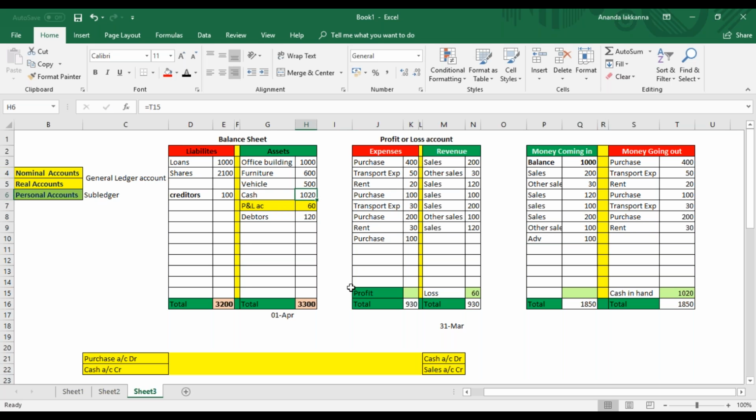Imagine this entry has happened on 31st of March, and you are going to give the product tomorrow, on 1st of April. When you want to close the books and finalize your balance sheet, the 100 rupees which you have is not a sale. It's just an advance that has been given. So the cash has increased, and you have to enter this as an advance.